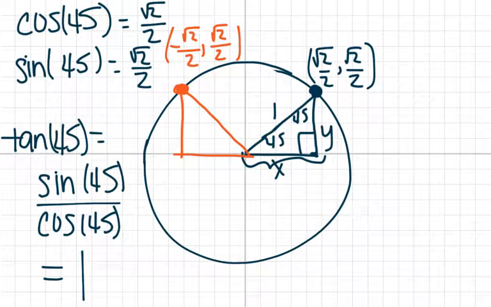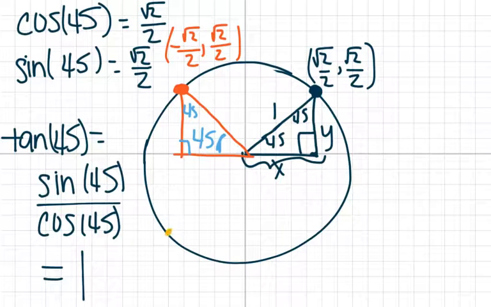So I'm just going to move left, go on my negative x-axis, negative root 2 over 2, and then go up root 2 over 2. The reference angle for this point is 45 degrees. So this is also a 45, 45, 90 triangle.